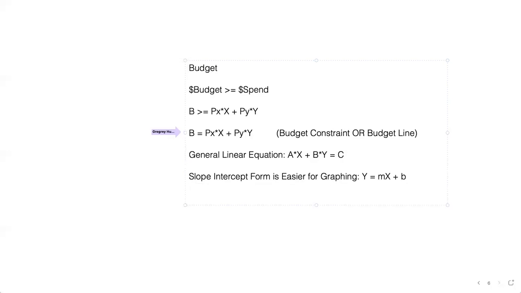So we want to get our y on the other side in order to have things in slope intercept form, right? Does that make sense? Yeah. Okay. So if we're going to do that, we would subtract the b from both sides, and we would subtract p times y from both sides.